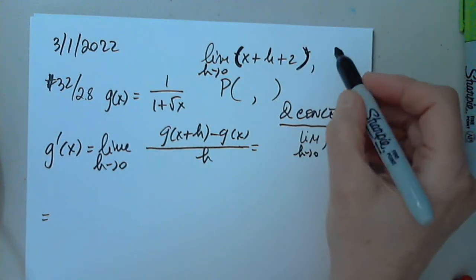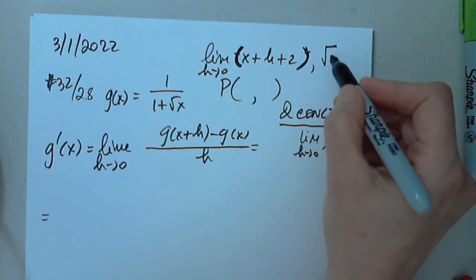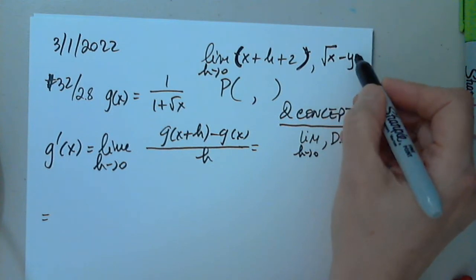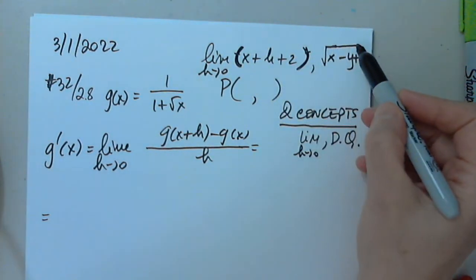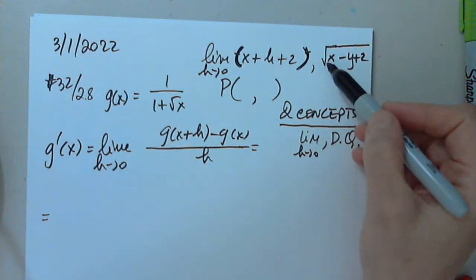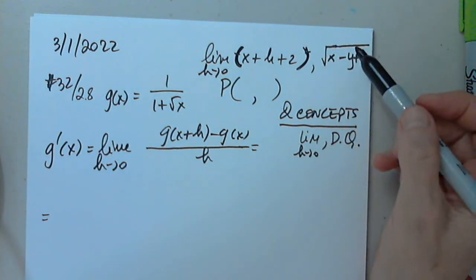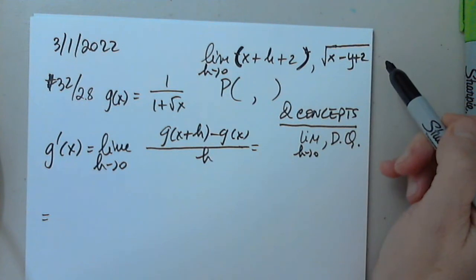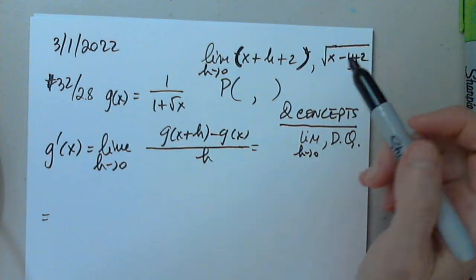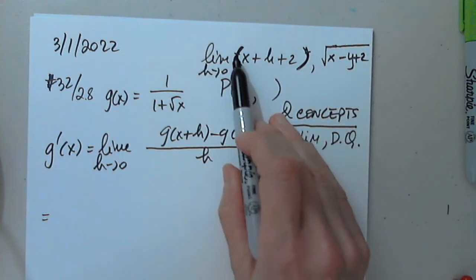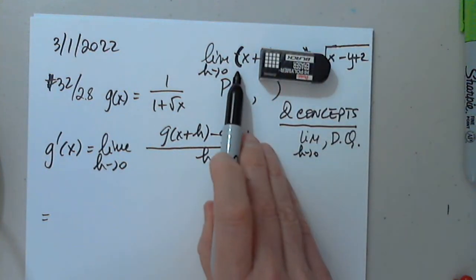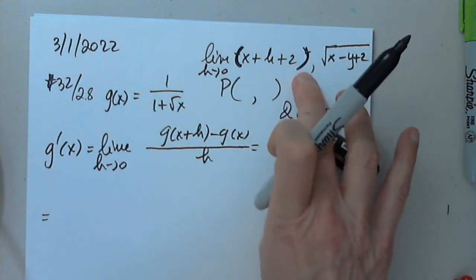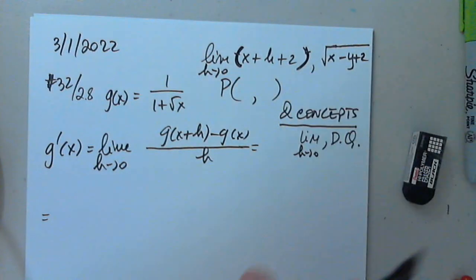It's like me telling you the square root of x minus y plus 2, and I want you to understand that the square root goes all over. But if I only put it on the square root of x, how will you know that it goes all over? It's the same idea. If you have the limit on x and you do not have parentheses, then the limit is only on x, not on the whole thing. So please pay attention to that.